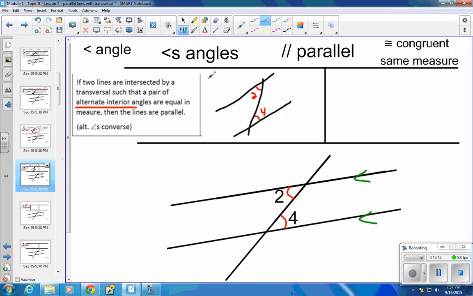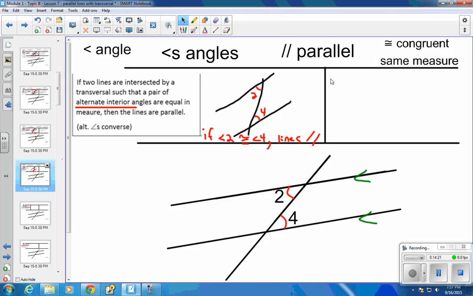And if angle 2 is the same measure as angle 4, congruent, then lines are parallel. Oops. Parallel. Lines are parallel. That's more like a parallel symbol.